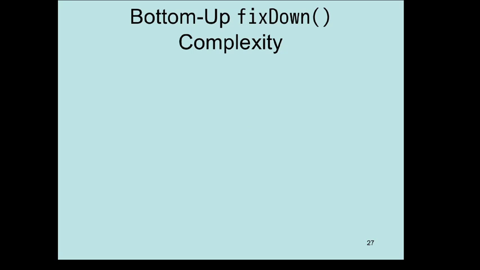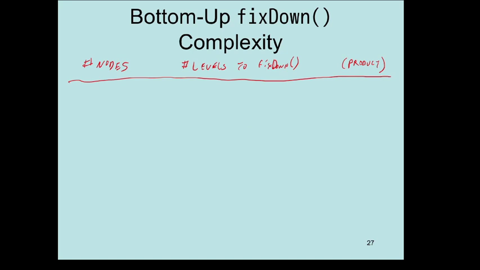We're going to have the number of nodes at a given level of the tree, the number of levels to fix down, and the last column is going to be the product of those two values, because that would be the total amount of work in that level, or in that depth.